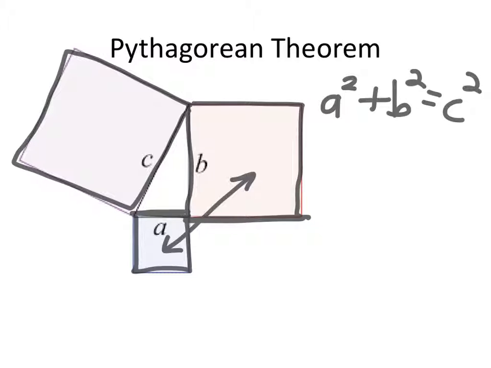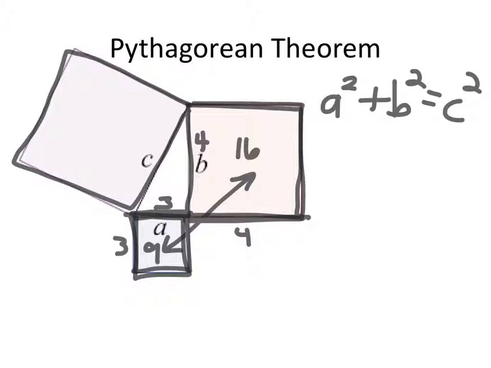Let's do an example. If side A was 3 inches and side B was 4 inches, then finding the area of side A as we make it into a square would be 3 times 3, or 9. The area of the square we would make from side B would be 4 times 4, or 16.